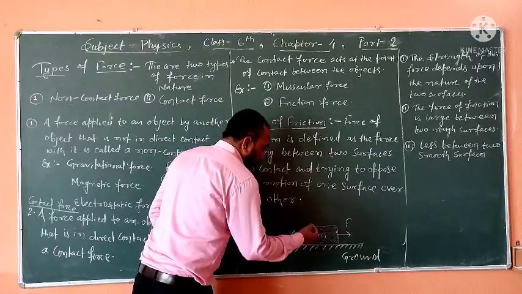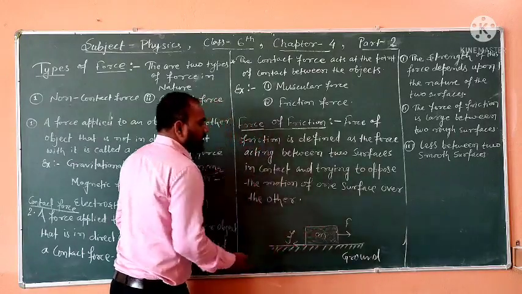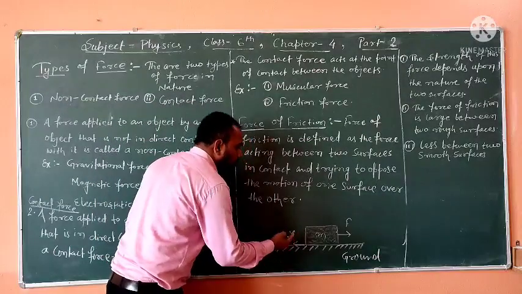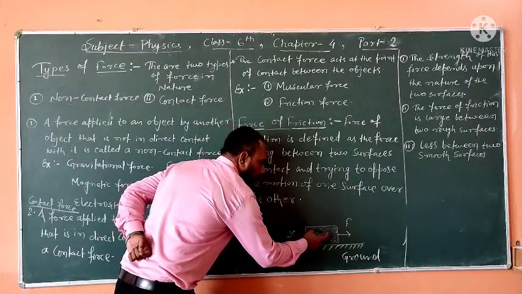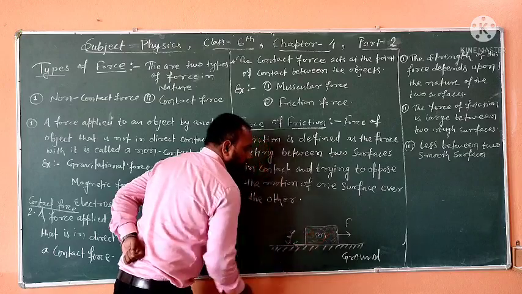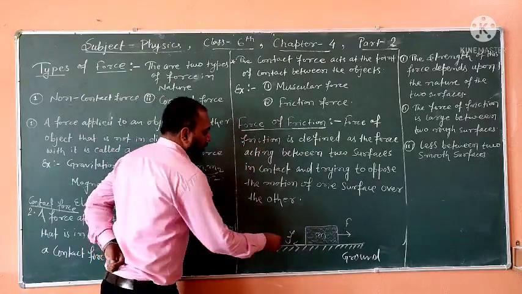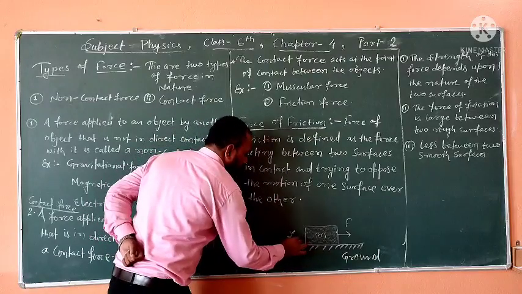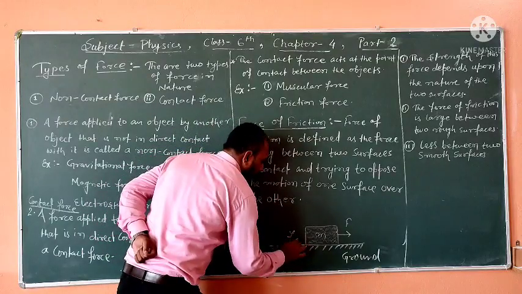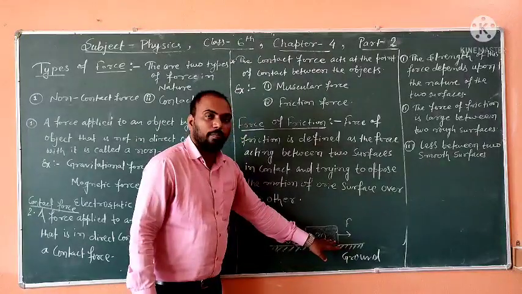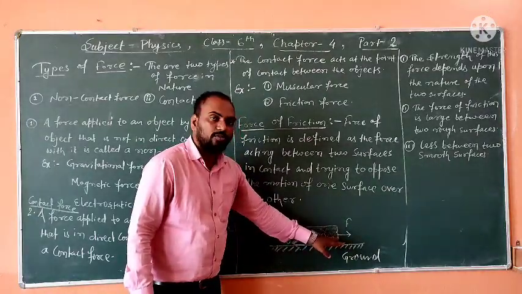A force will be experienced which will try to stop the motion of the first body over the ground. That force is called the force of friction, which is in the opposite direction of the motion of the body, that is the box.